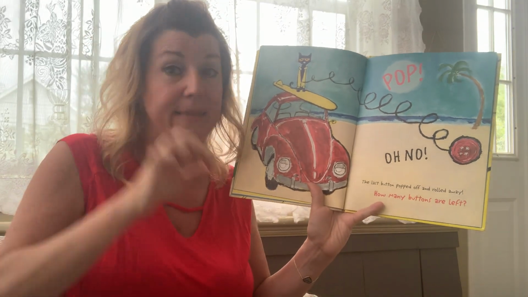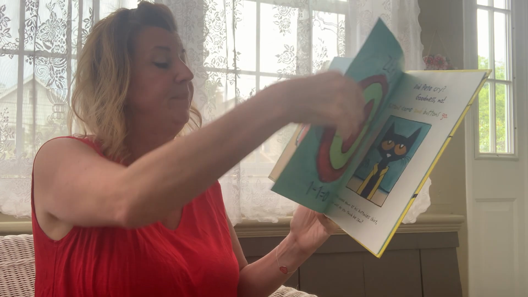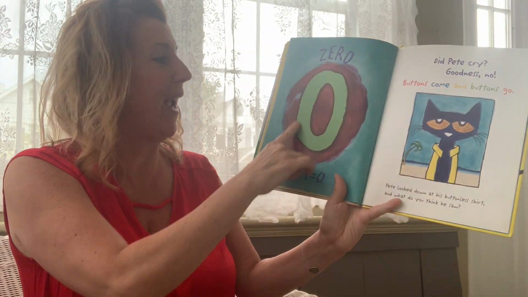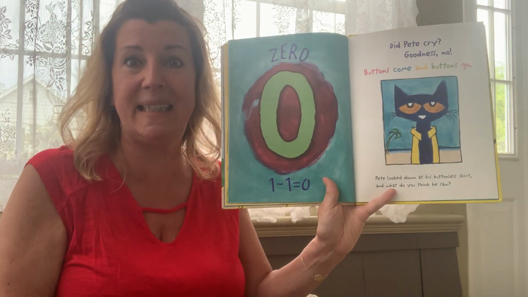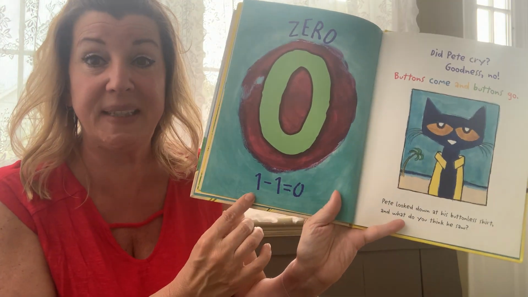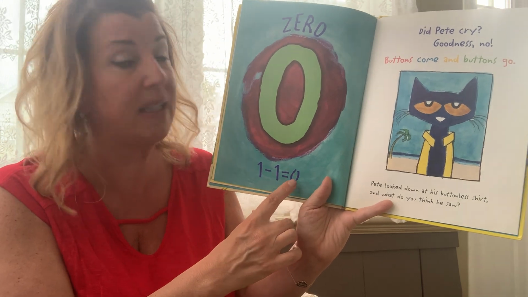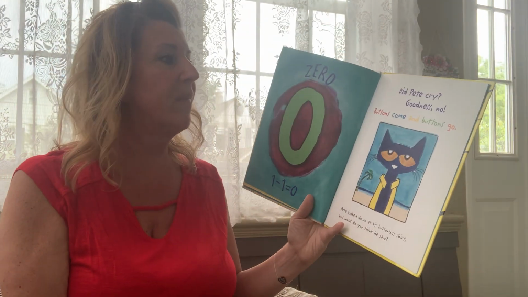How many buttons are left? How many fingers am I holding up? That's right, none. 0. And there's a big fat 0. Let's look at this math sentence. 1 minus 1 equals 0.